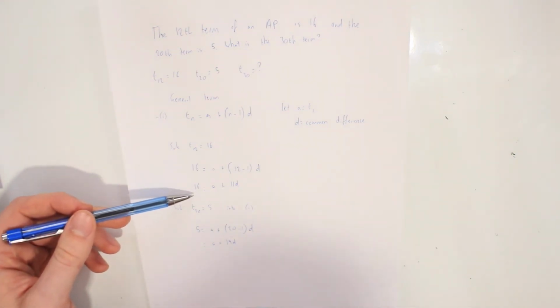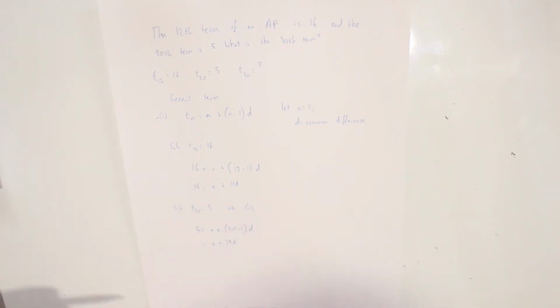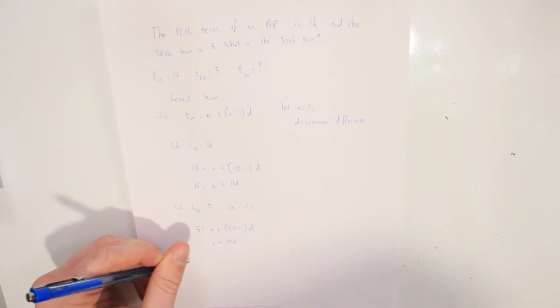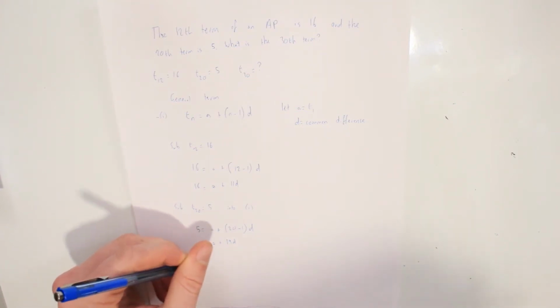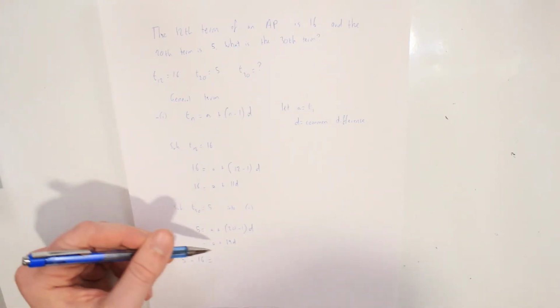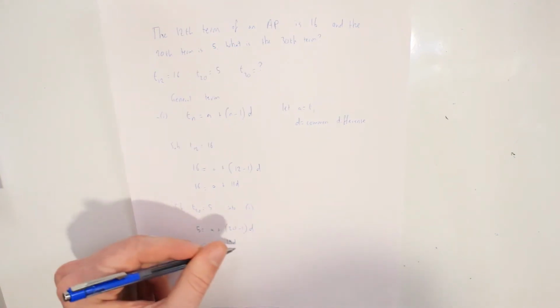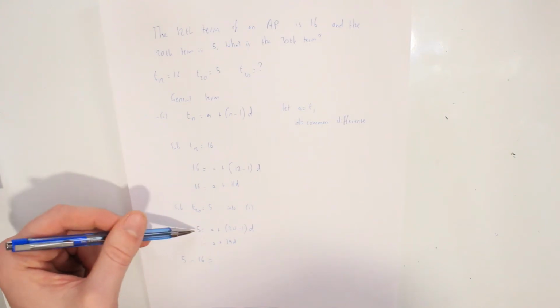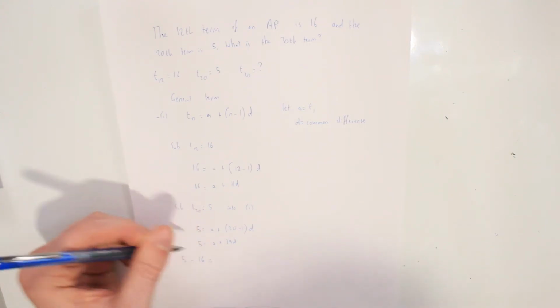So what if I was to do 5 minus 16? What would that look like? Well, 5 minus 16 is the same as saying this term here, because we know that this term here is equal to 5.